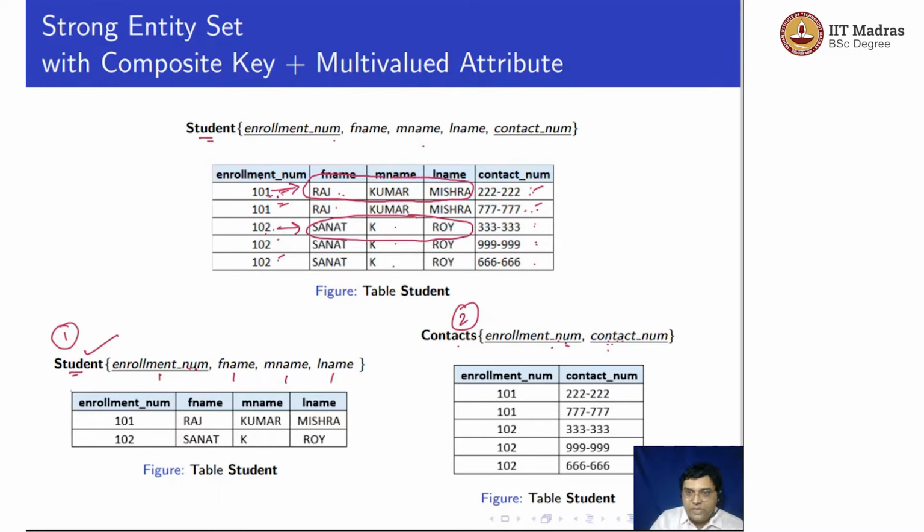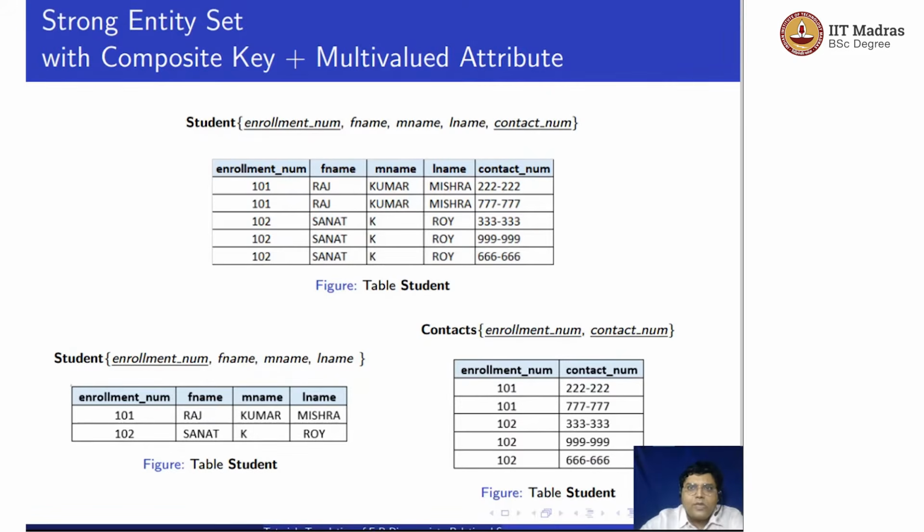So you can see over here, for each contact number the enrollment number is repeated. So here also you can see it's repeated, but this particular information you don't have to repeat. So it saves a lot of redundancy, right? So in case of a multi-valued attribute, we'll decompose the table.